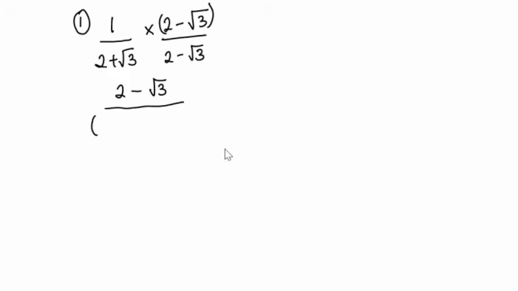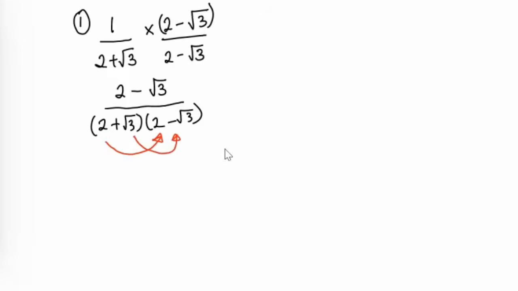Now in the denominator, we have this expression 2 plus root 3, which we take in a bracket to multiply by 2 minus root 3. Now let's work on the denominator. This is what we call expansion in maths. In expansion, you use 2 to multiply this bracket first, then afterwards you use plus root 3 to multiply this same entire bracket.